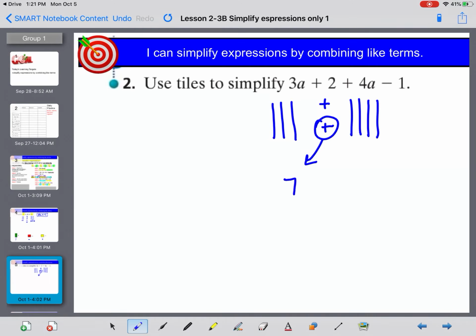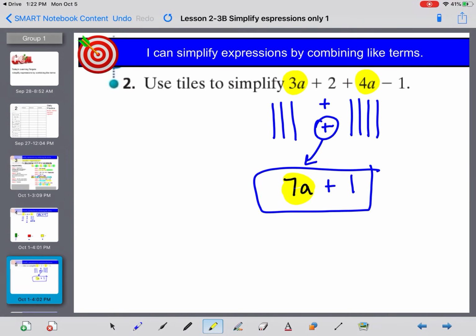I have 7 A tiles, and I have 1 plus 1 unit tile. Now, if you look at that algebraically, 3a and 4a are my like terms, so I would call that 7a. And then I've got 2 minus 1, which gives me 1.